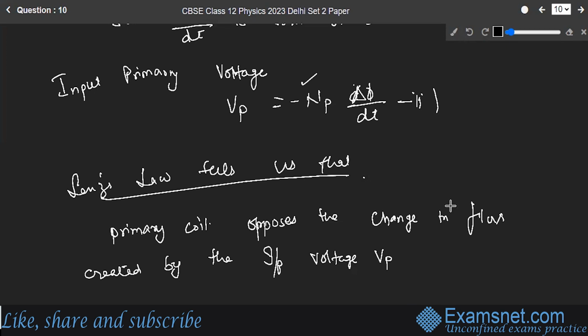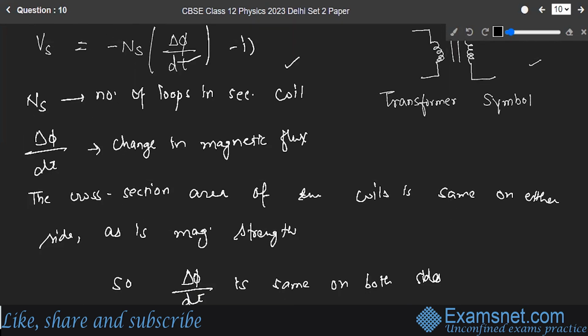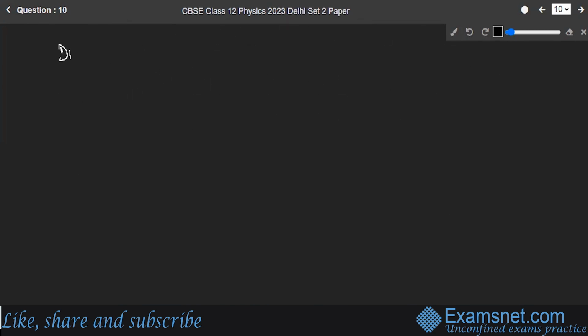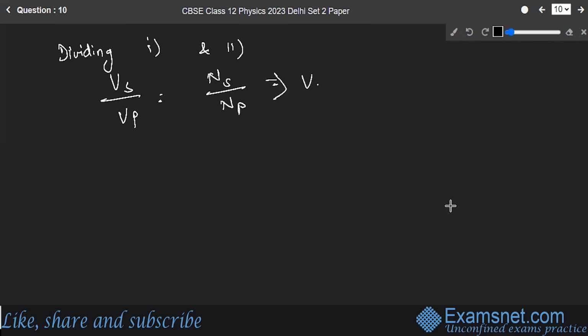Okay. Now, dividing both the equations, this was number 2 and this was number 1, dividing 1 and 2, you have Vs upon Vp is equal to Ns upon Np, or you have Vs is equal to Vp into Ns upon Np.